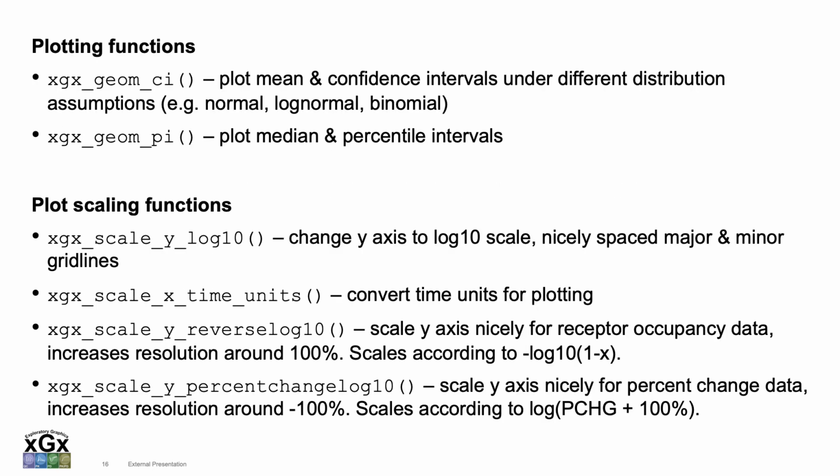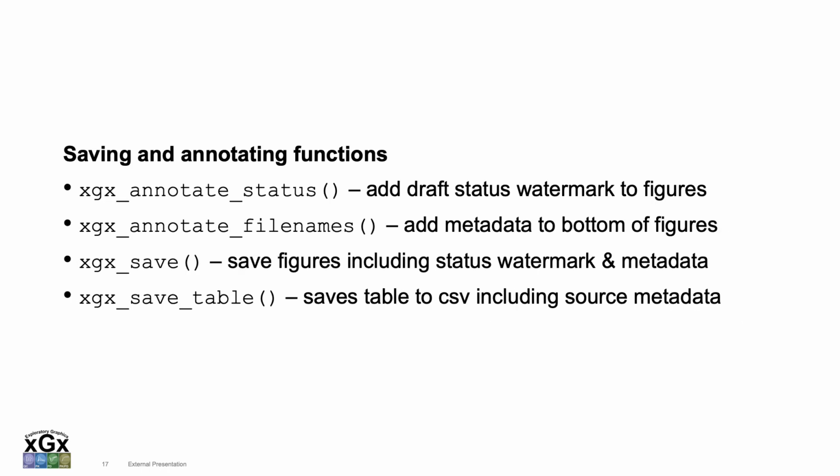We have specific functions to generate confidence intervals and percentile intervals. We have scaling functions that make nicely spaced grid lines for plotting your axis in log scale. And we also have specific functions for saving and annotating.